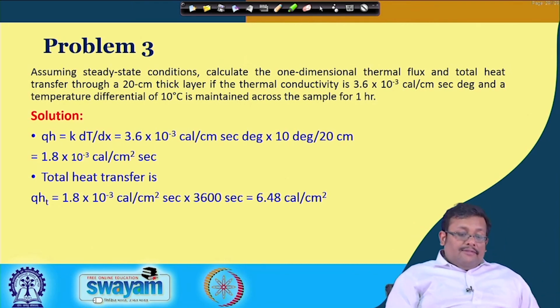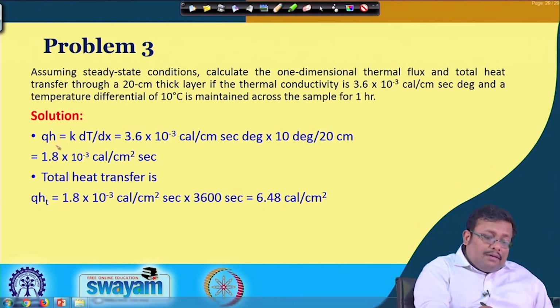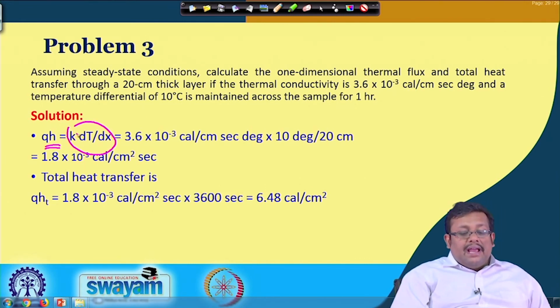Here we will be using Fourier's law for solving this problem, and as you can see we are basically calculating QH, and this QH can be calculated by using this formula where K is the thermal conductivity and dT over dx is the temperature gradient.